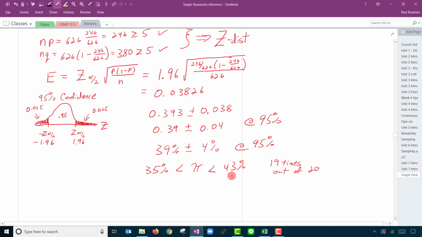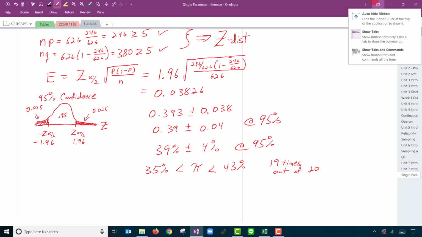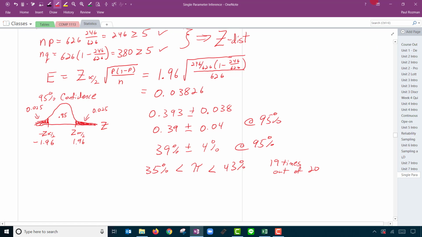So if we sampled 2,000 members of the society, our range would get narrower. We'd come closer and closer to estimating the actual value for the population. So yeah, that's how you do these.